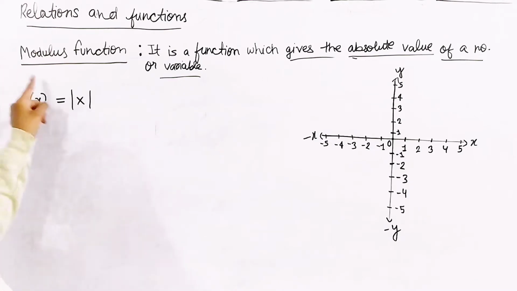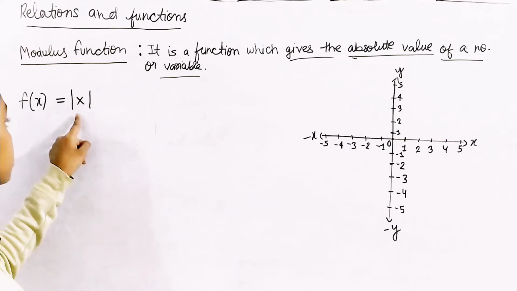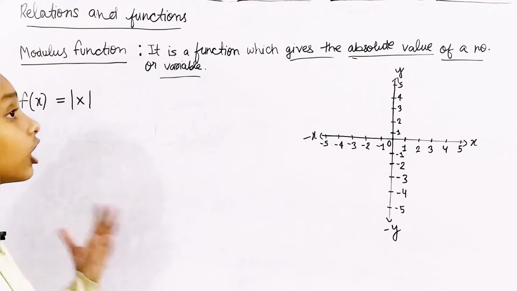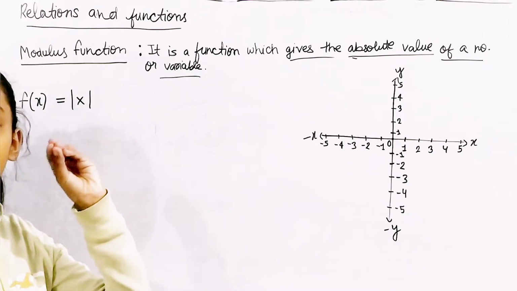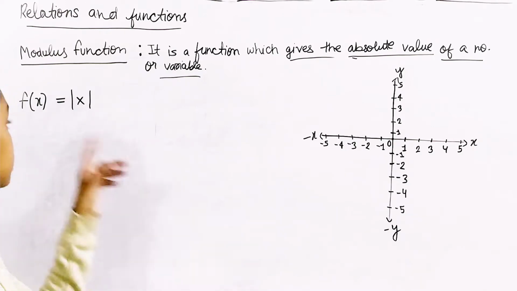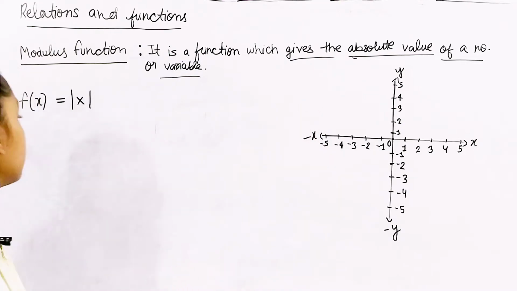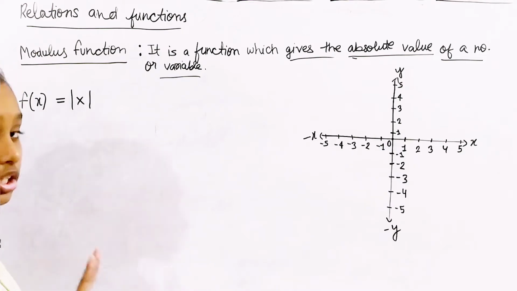So if fx is equal to the mod of x, then in other functions we have said that y is equal to fx. But in this condition, it's a little different. So fx is not equal to y right now in this function.